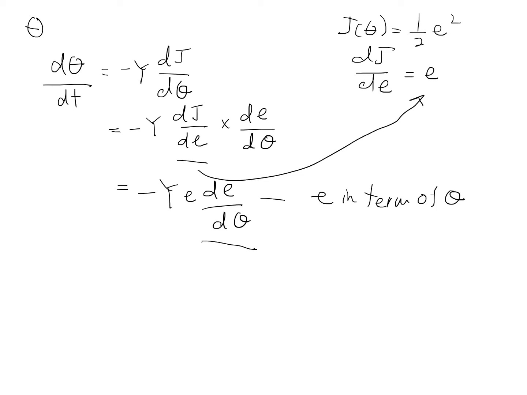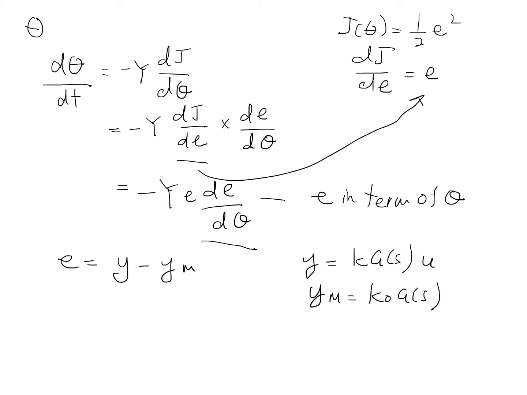We know that error e is equal to y minus ym, where y is equal to kG(s) u and ym is equal to k naught G(s) r. And u, the controller, is equal to theta r.